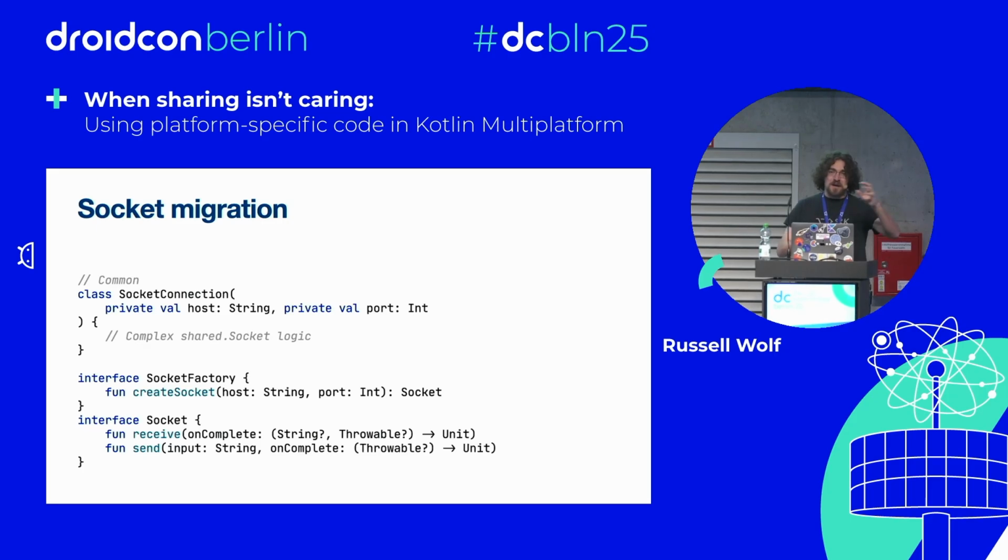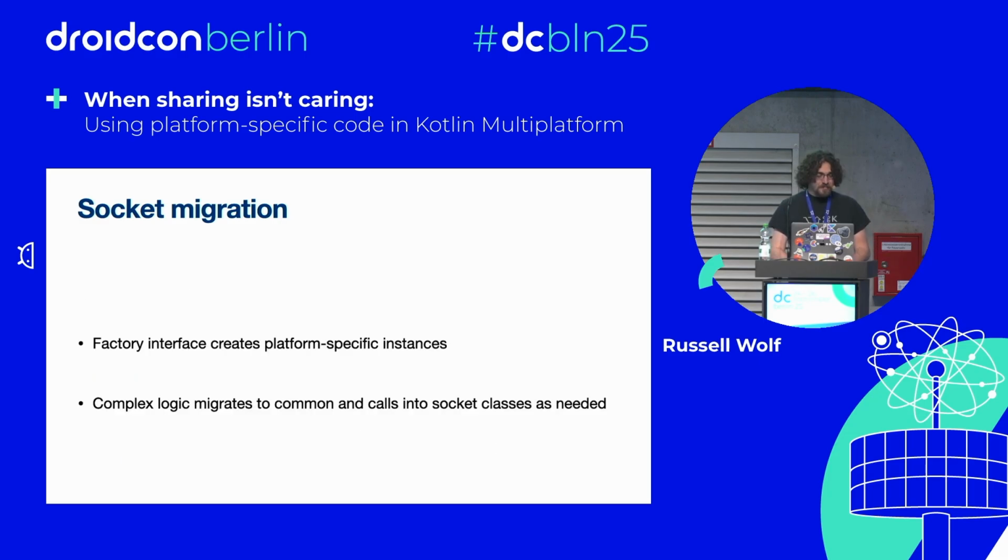We just moved that code over into this other class. And then on the iOS side, we had to write some new logic, but it was just for this little narrow platform-specific bit of how we do these networking calls. And then the platforms just needed to pass their implementation of that factory interface, excuse me, and everything else on top of it could run from common code.